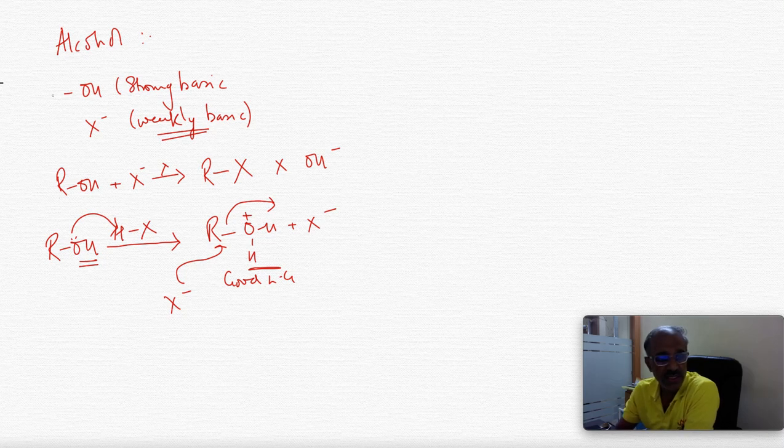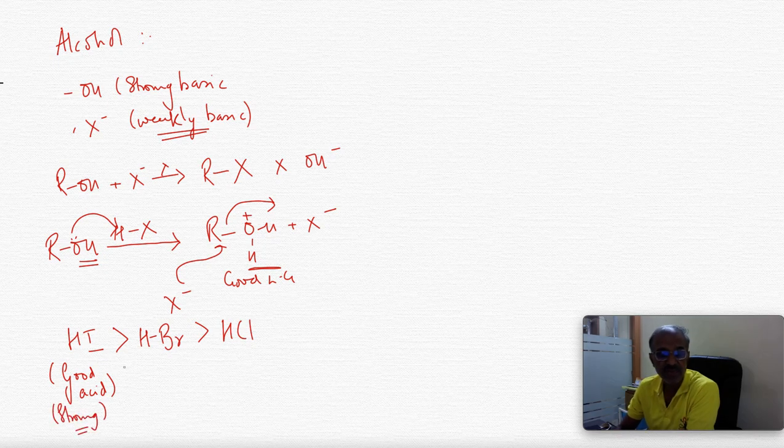Now, take for example HI, whose acidity is more than HBr, more than HCl. You can say HI is a good acid, a very strong acid to be more precise. Good acid means a strong acid.